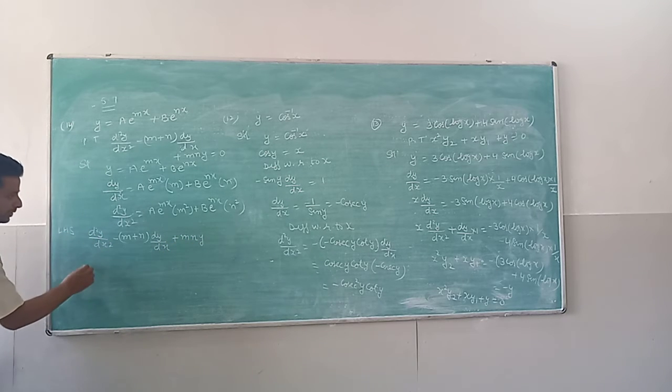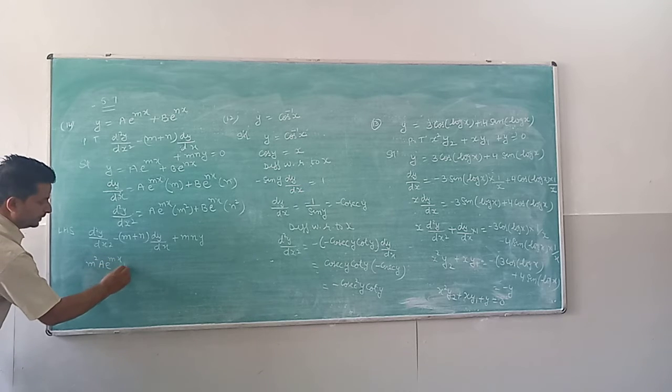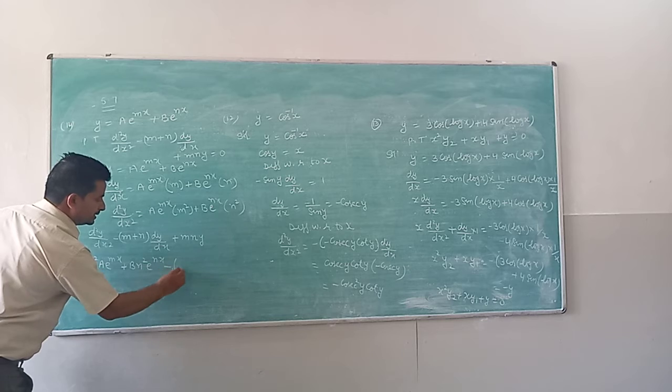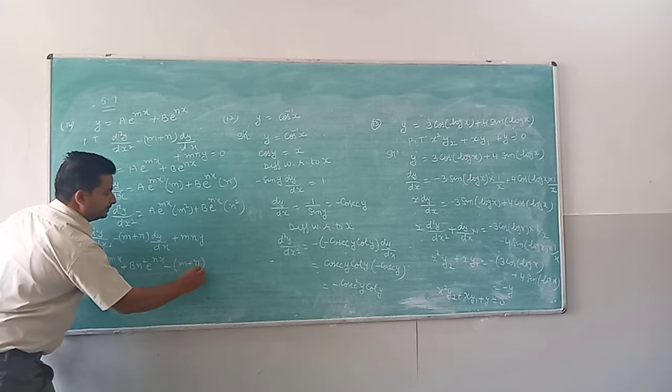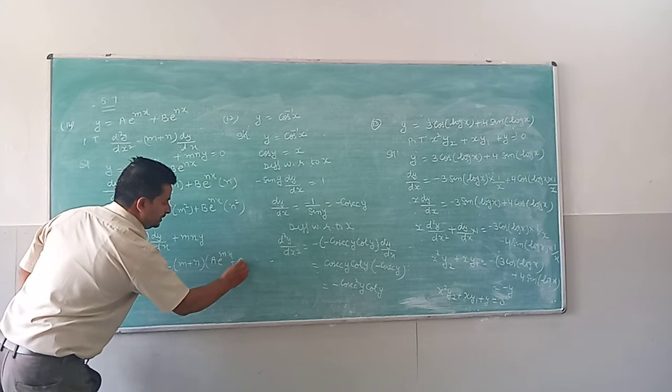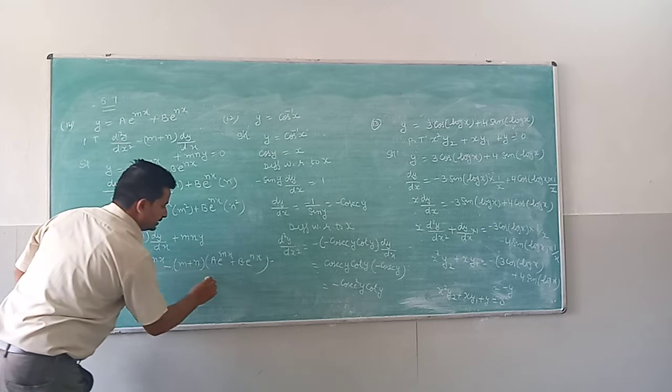When we put the value of the double derivative, a m square e power mx plus b n square e power nx, minus (m plus n) times (a m e power mx plus b n e power nx), plus mn times y, where y is a e power mx plus b e power nx.